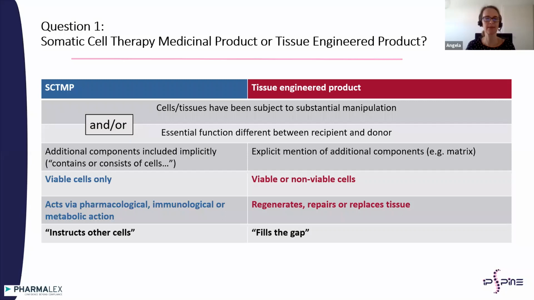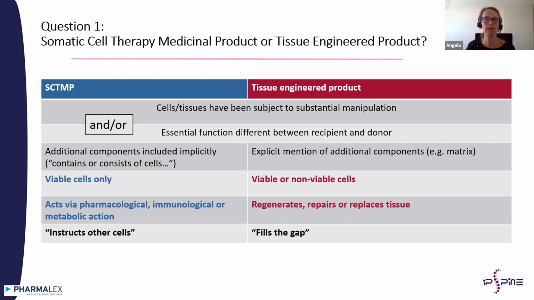Still, we have this exclusively pharmacological sort of action via some kind of biochemical pathways for the somatic product, whereas the tissue engineered product has this function of regeneration and replacement of defective tissues.